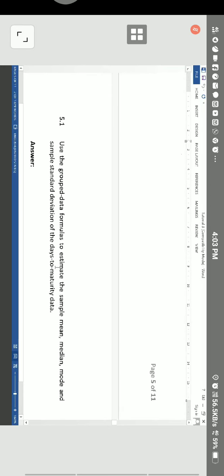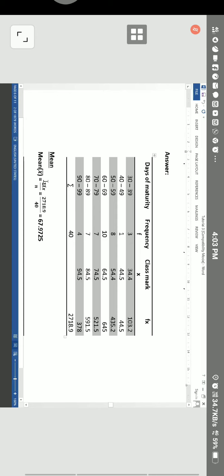For example, if you want to find the mean, you use the total of f times x, divided by n. The class mark is also called the midpoint, because we need to use the midpoint.